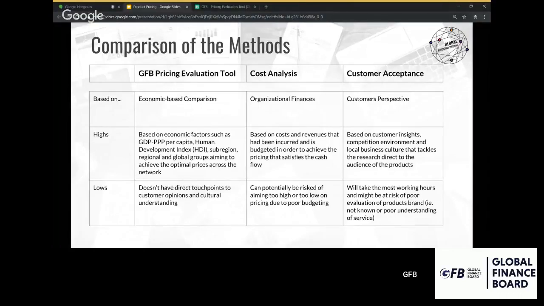The lows of this one is that it will take a lot of working hours and might be at risk of poor evaluation of the product's brand, i.e. the products are not known, or poor understanding of the service, or there's just not a good evaluation about it. And the risk as well of this one is that it has a tendency to be biased opinions.